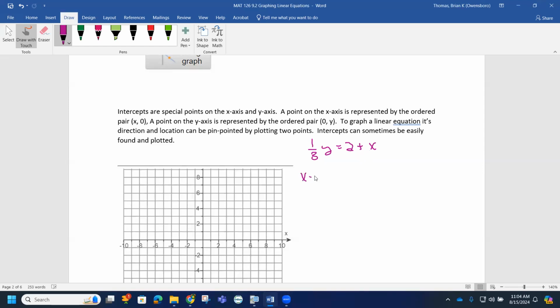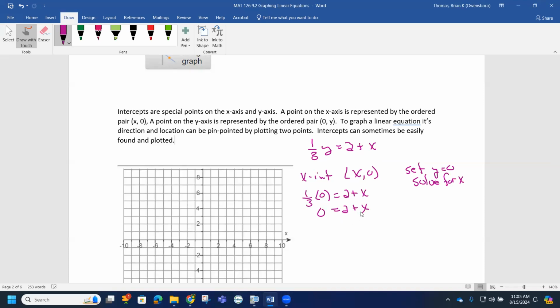So again, to find the x-intercept, remember it's described as x comma 0. So what we want to do is set y equal to 0 and solve for x in our equation. So if I replace this y with a 0, this turns into 1/3 times 0 equals 2 plus x. So 1/3 times 0 is 0, so 0 equals 2 plus x.